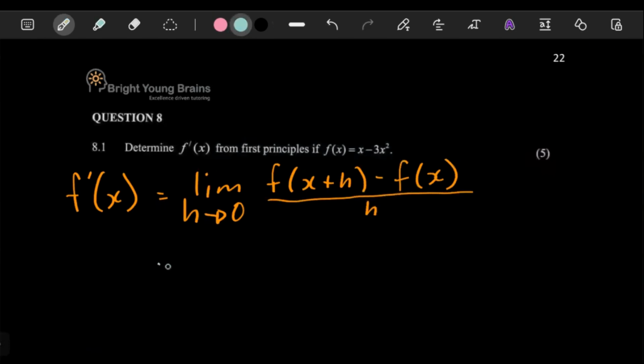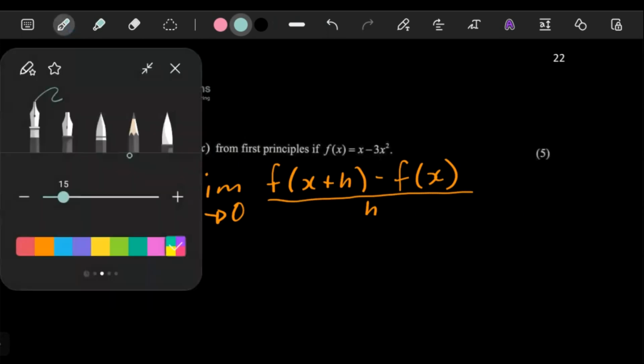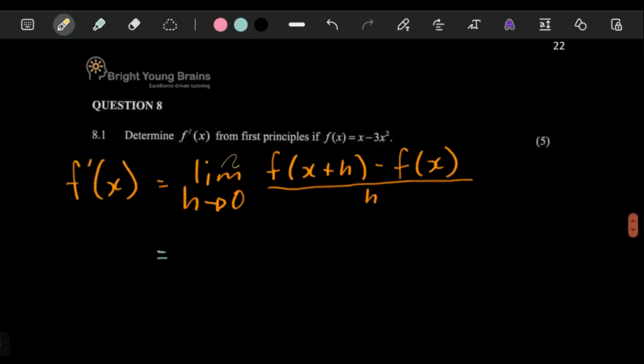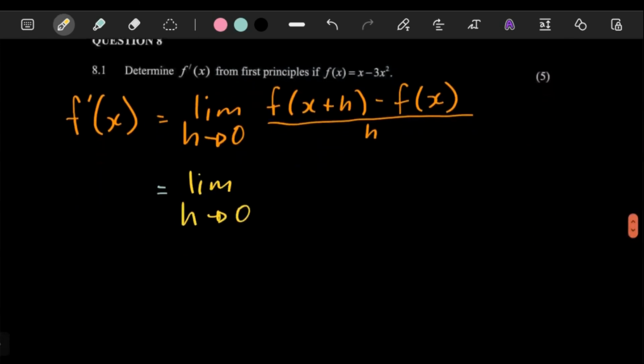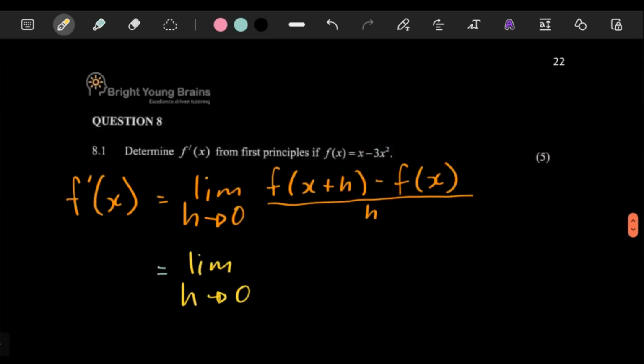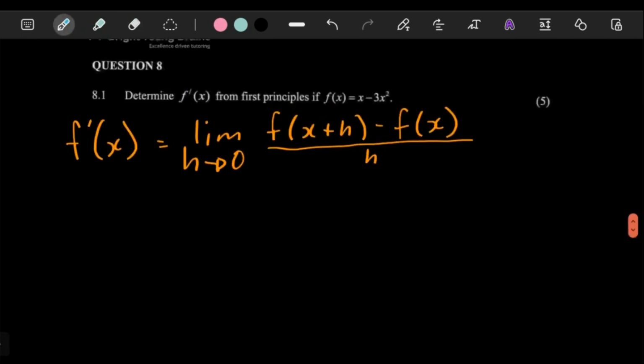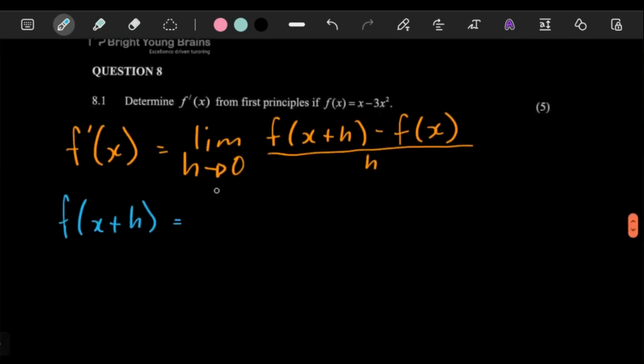The big idea here is the limit as h goes to 0. What we need to get first is f of x plus h. Meaning in the equation of f, wherever x is, you put x plus h. So minus 3 times x plus h squared.